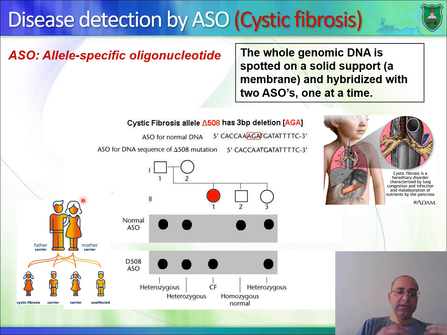Okay, that is, a person is not really affected. Notice that the square and circle are not filled, meaning that phenotypically both of these individuals are normal. But they are carriers. They carry the mutated allele. And this means that what? The mutated allele is dominant or recessive.